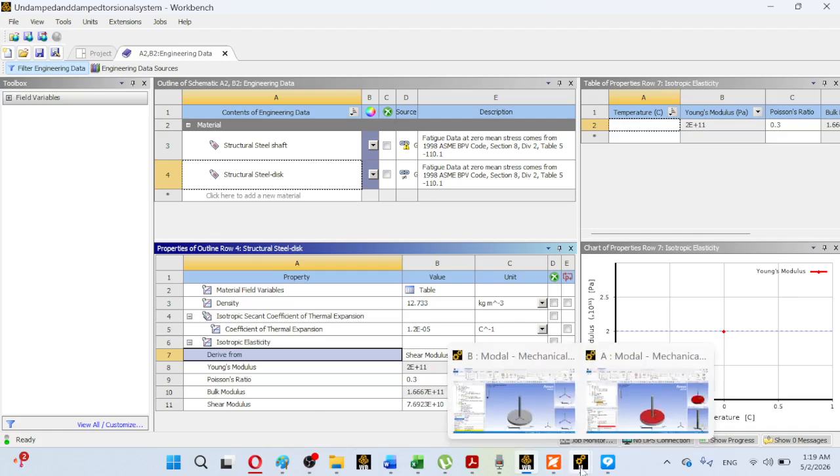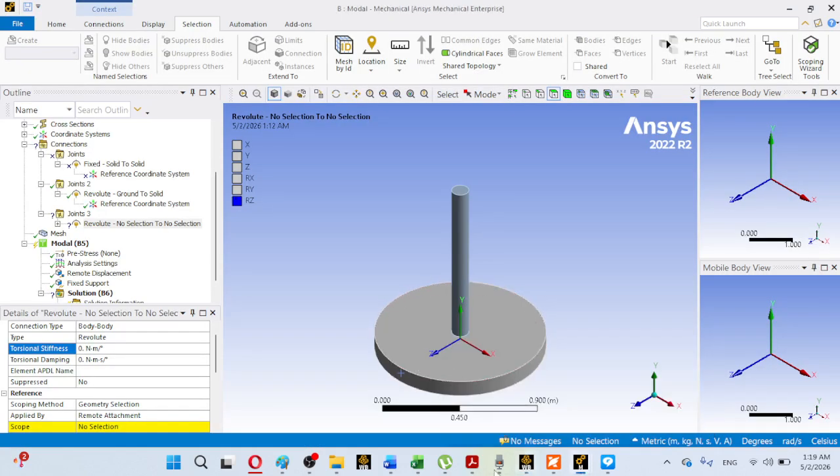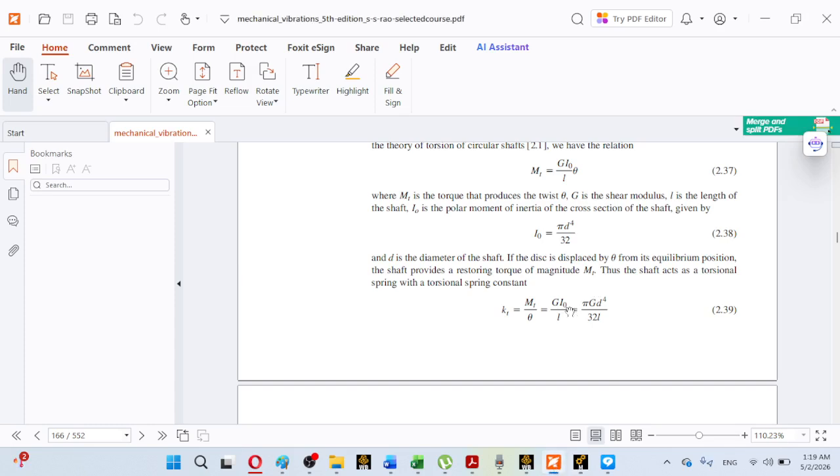So you will use the value for the shear modulus as 7.6923 times 10 raised to the power 10, and after that d has the value of 0.1 raised to the power 4 divided by 32, and length is 1. This gives the answer 755,189.785.